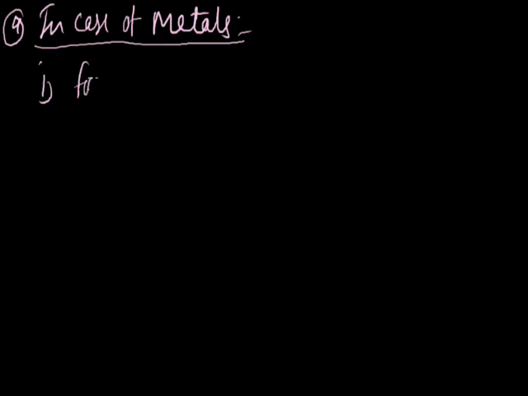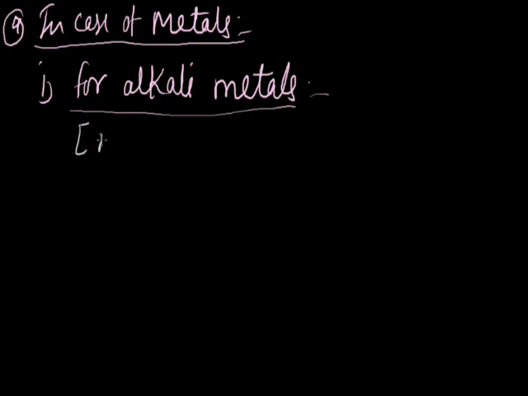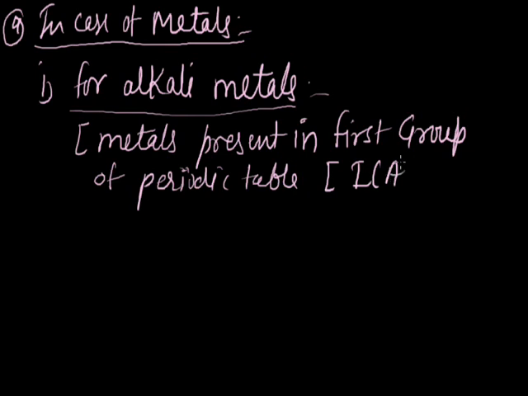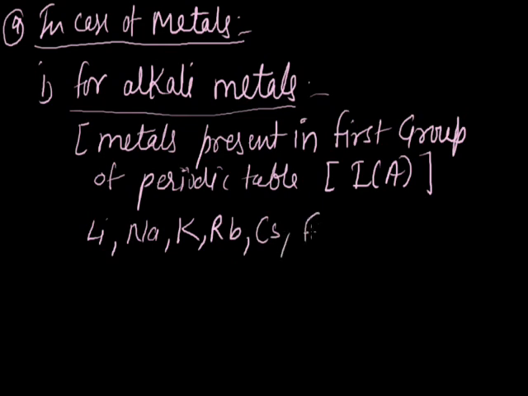Next, in case of metals, first for alkali metals, that is metals present in the first group of the periodic table, or we can specify group 1A of the periodic table, that is lithium, sodium, potassium, rubidium, cesium and francium.